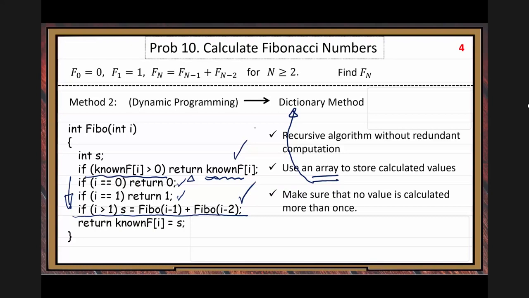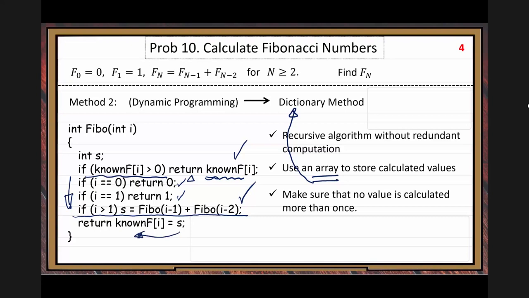No redundant calculation. It only uses known values. It never calculates the same Fibonacci number twice. Then after you get S, before you return, make sure you store it in your dictionary.